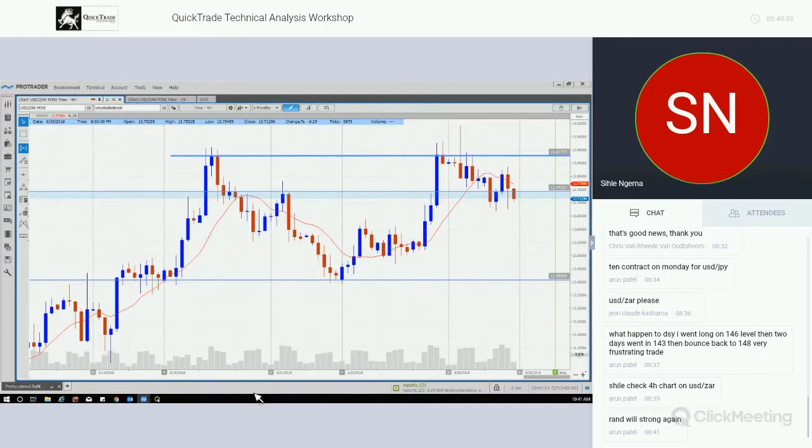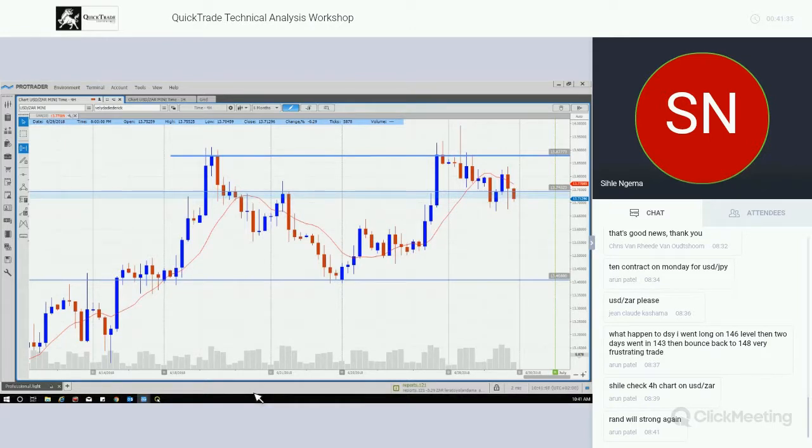Once we've taken out 1387, I think the next level we should look at is 1310, 1308. If 1308 is achieved, the next target we should be on a lookout for is 1440, 1450. After that, maybe we can expect to see the rand weakening a little bit more. But there's going to be a lot at play to determine whether we are going to go down on the rand or not going forward.